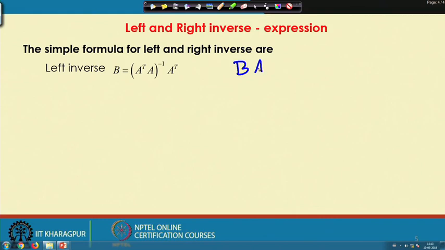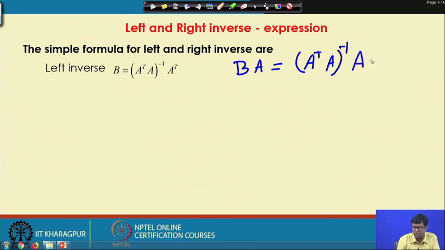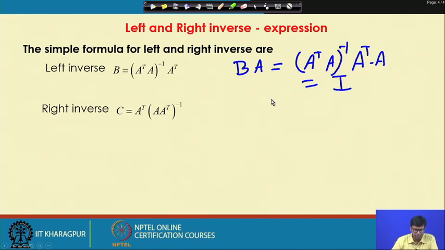Our idea is BA = (A^T A)^-1 A^T A, which is the identity matrix. Similarly, the right inverse is given by the formula C = A^T (A A^T)^-1.